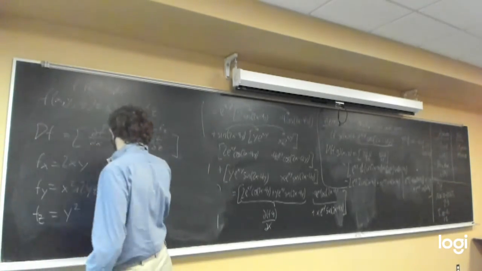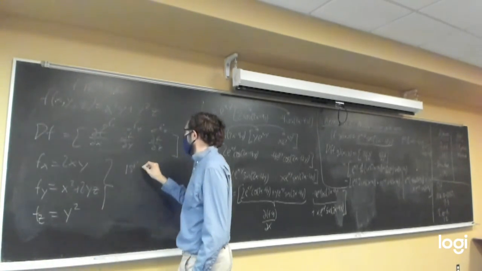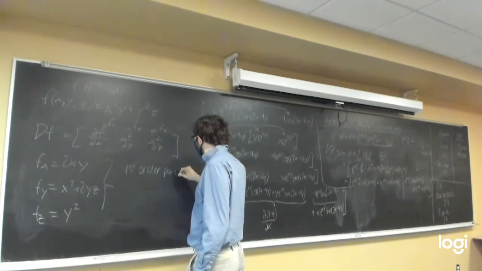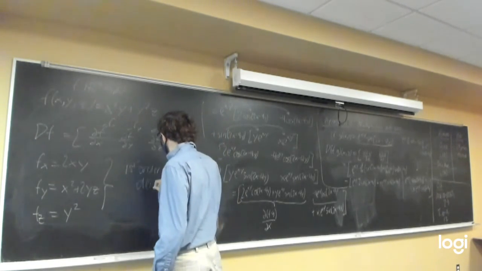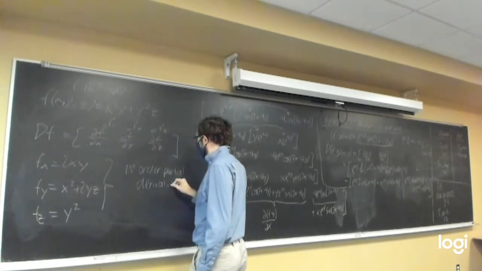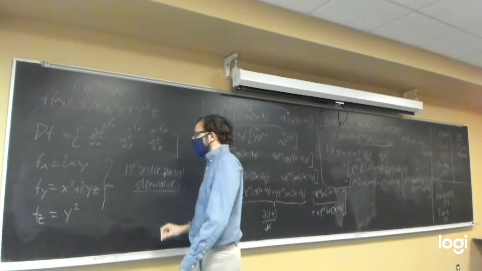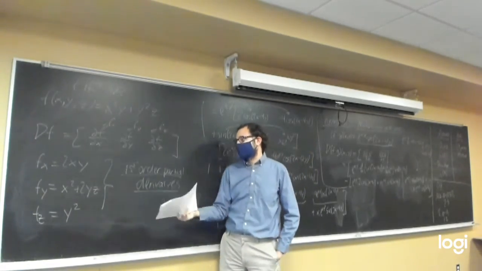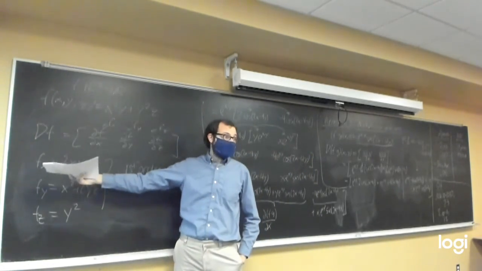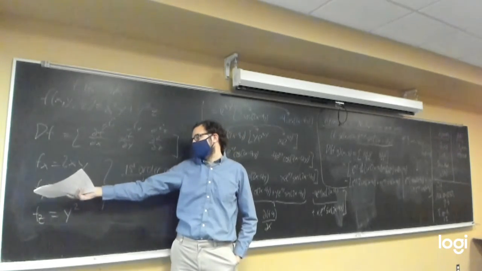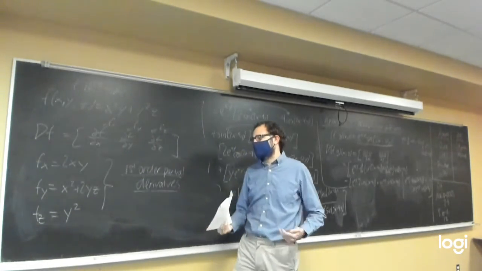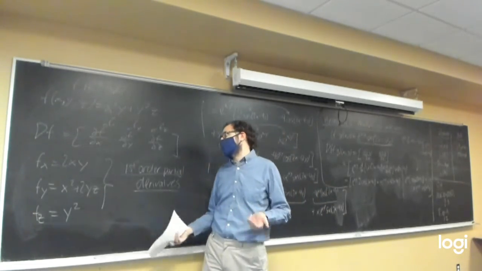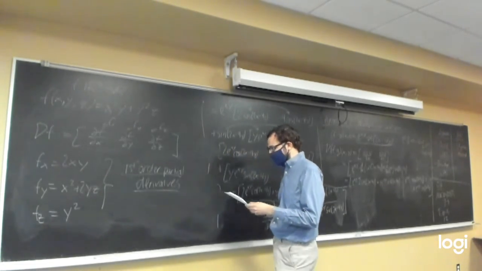These are called our first order partial derivatives, the fancy name for this, basically saying we've differentiated the original function once. F sub x is when we differentiate with respect to x, f sub y is when we differentiate with respect to y, and f sub z is when we differentiate the original function with respect to z.